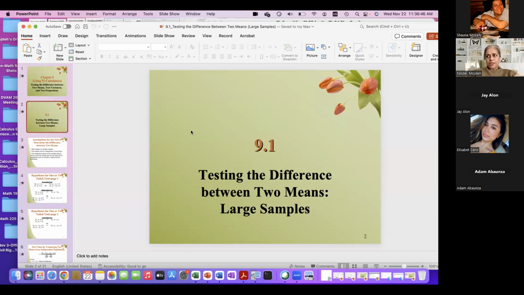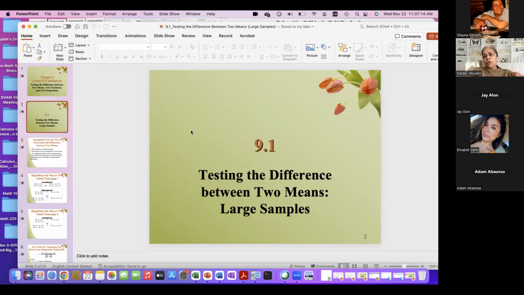Also, I want you to do every single problem of chapter 9 using the p-value method. Only the p-value method, because we're going to use our calculator to find the p-value and test value.